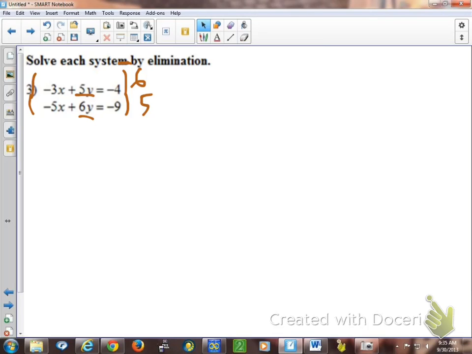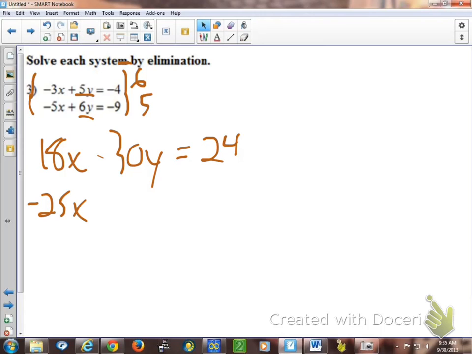If I multiply the top row by -6, it gives me positive 18x minus 30y and positive 24. That's if I multiply everything in the top row by -6. If I multiply everything in the bottom row by 5, that gives me negative 25x plus 30y and negative 45.